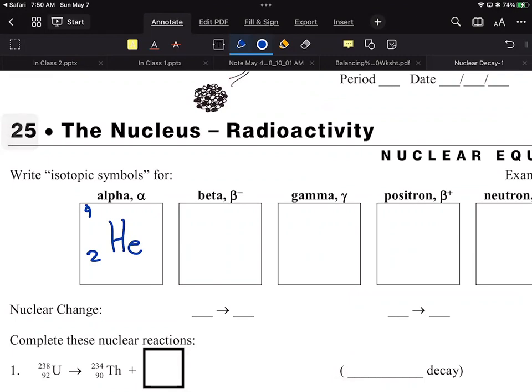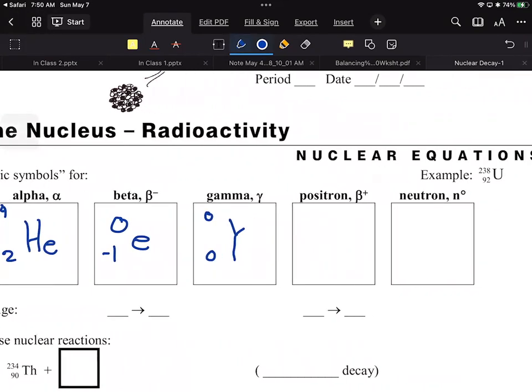All right, beta decay. It's always an electron being ejected. Gamma, the symbol is gamma, and nothing has changed. Gamma is just radiation being ejected, with no change in mass or atomic number.